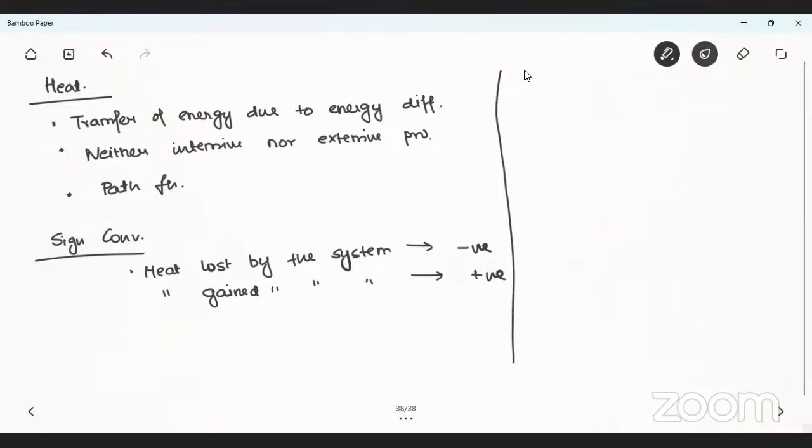Next comes heat exchanged at constant volume.